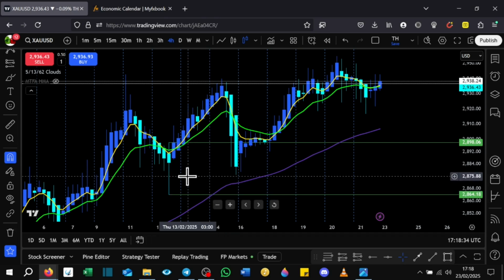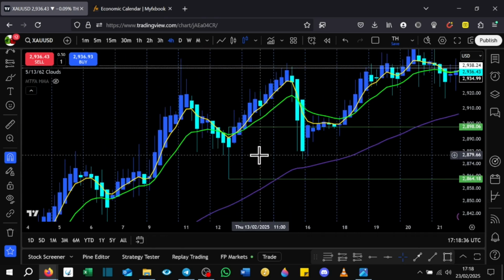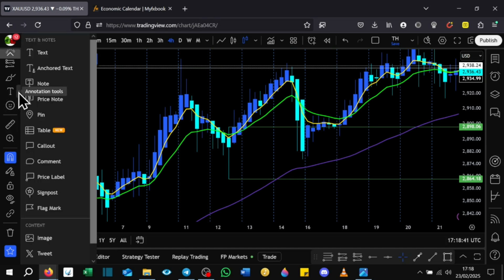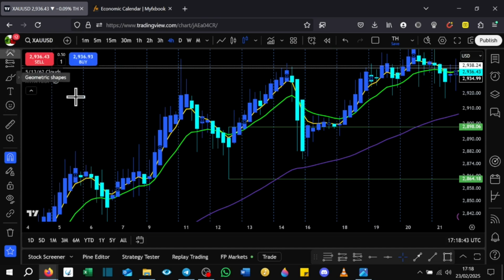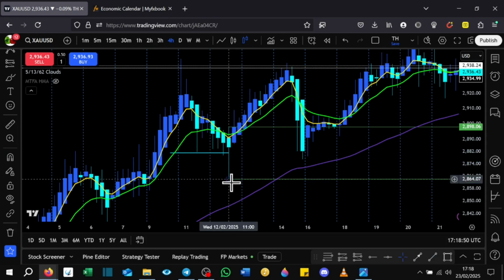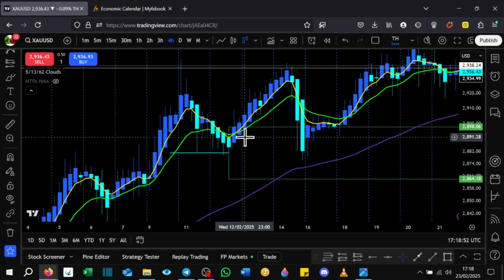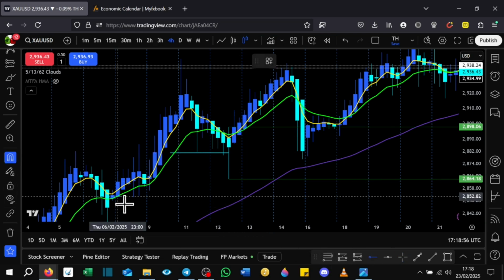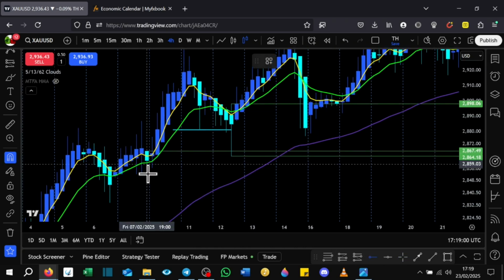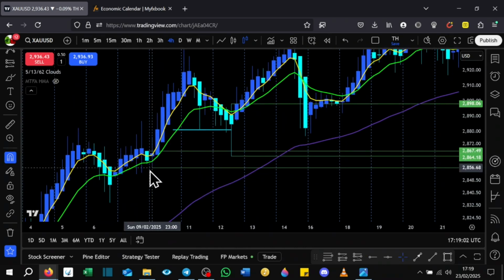This candle here has captured liquidity, this one here. So it's captured liquidity here, right? This candle has swept all these lows here, but it's also mitigated its positions out of this institutional candle here.